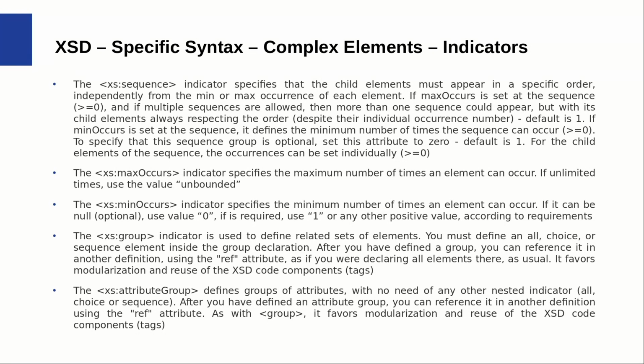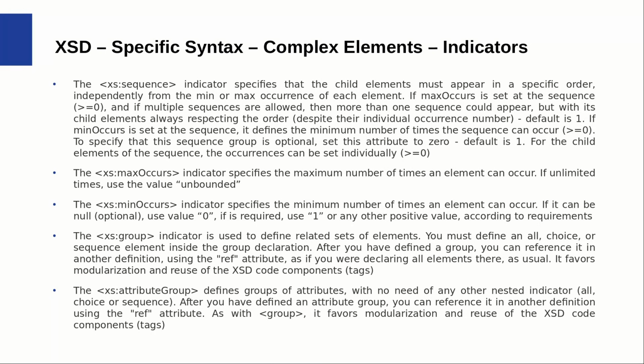So with elements, not attributes, with elements, both ordinary elements and elements that themselves are indicators, for example, as we've seen, the ordering indicators, you can use these two attributes, maxOccurs or minOccurs.